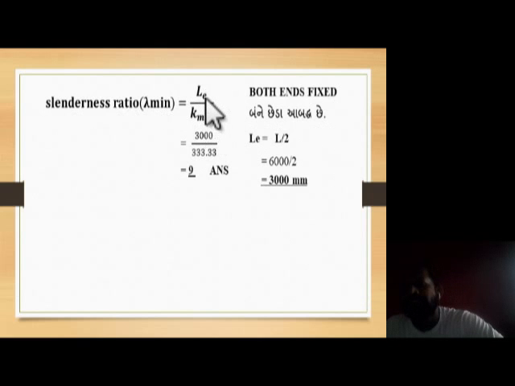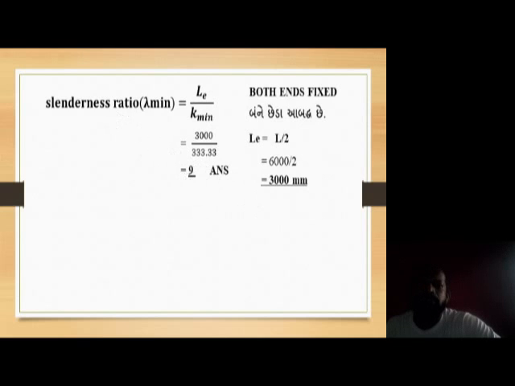Slenderness ratio is the ratio of effective length of column and radius of gyration. So substitute the values. Le is equal to L by 2, 6000 divided by 2, you will get 3000 millimeter. 3000 divided by K minimum, 333.33. Dividing these two terms, you will get the slenderness ratio is equal to 9.